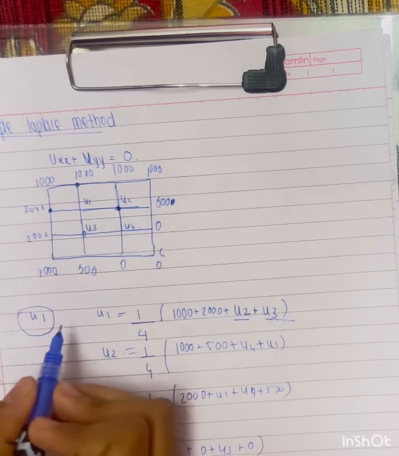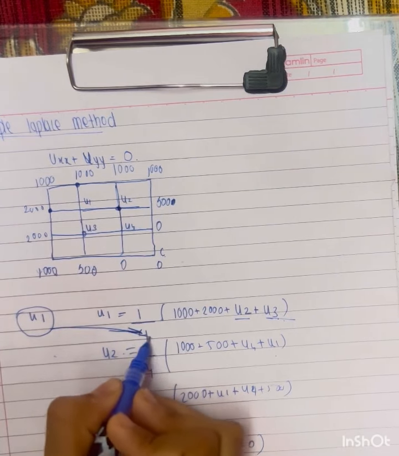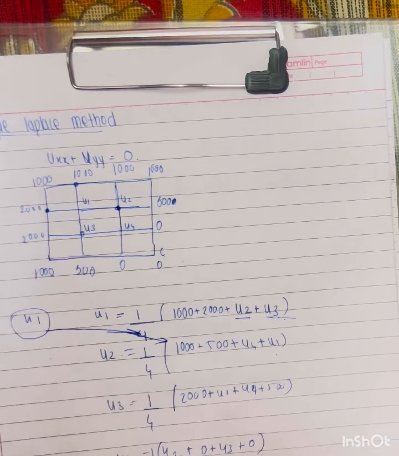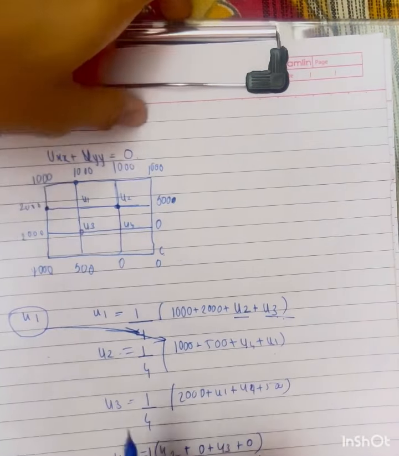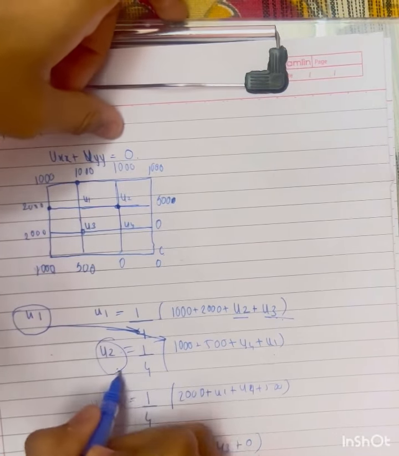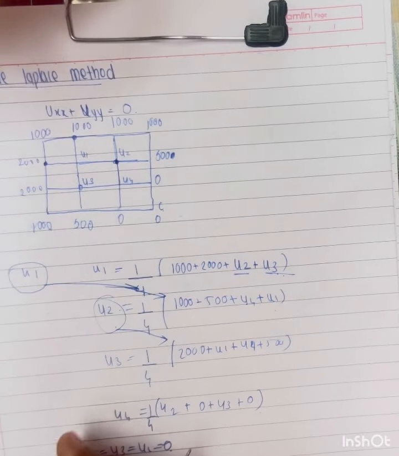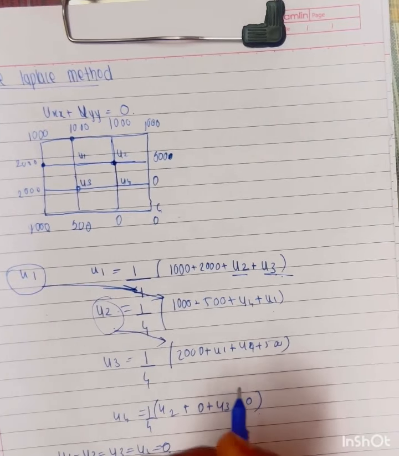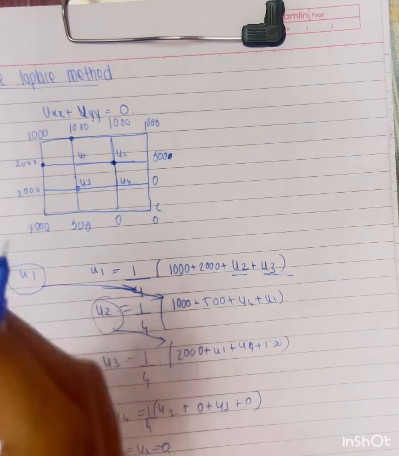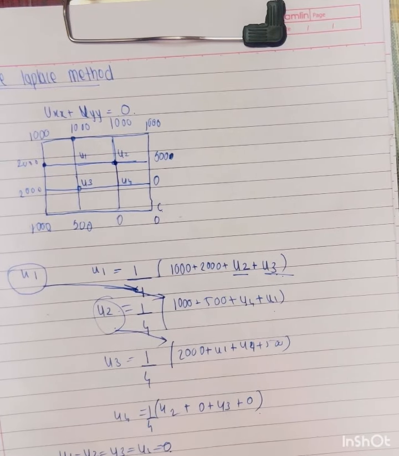Whatever value of U1 you find, you put it in the next equation, U2, solve it, and here U4 will be 0. The next value of U2 you find, you put in the equation of U3 or U4, whichever is next. Whatever new value you obtain, you substitute in the next steps, as long as you don't achieve the accuracy.